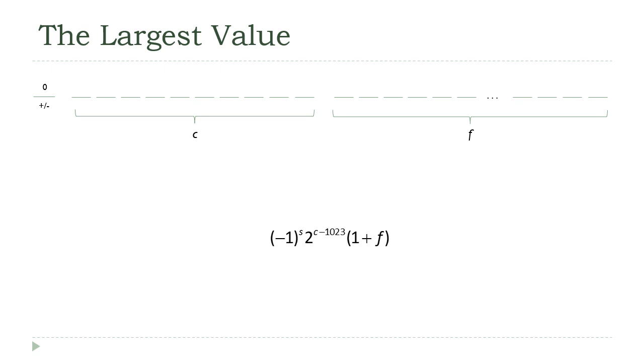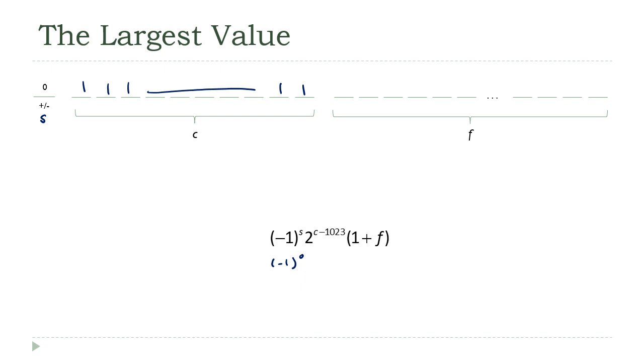To figure that out, first I'm going to let the sign bit be 0, because that's going to give us a positive number. Then for the exponent bits, you might think we would want to put all ones here. But we can't do that. If you think back to the last lecture, a binary digit that has all ones in the exponent section is what's called a reserved number.